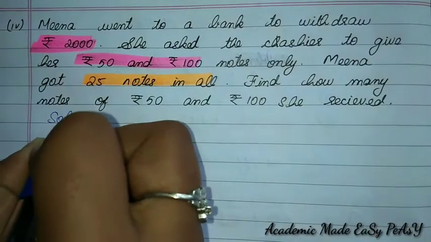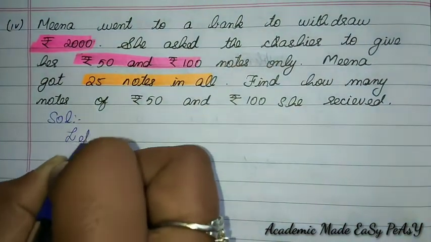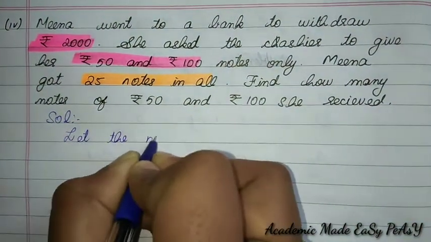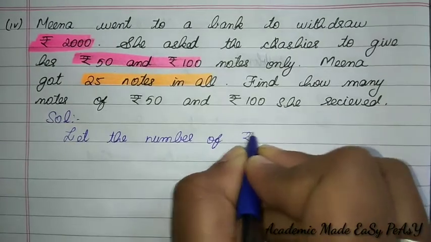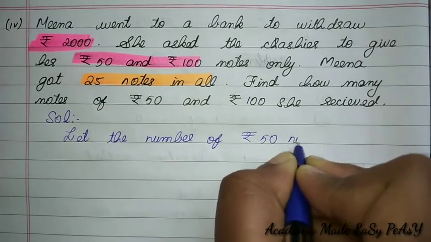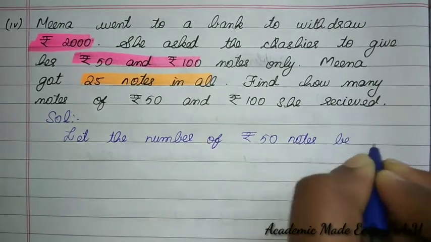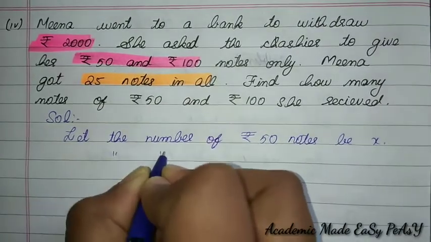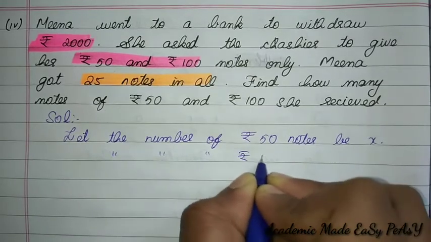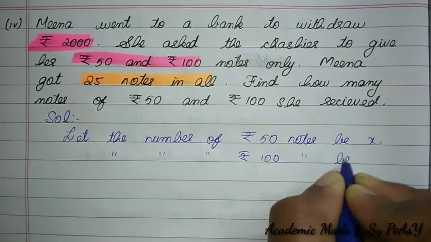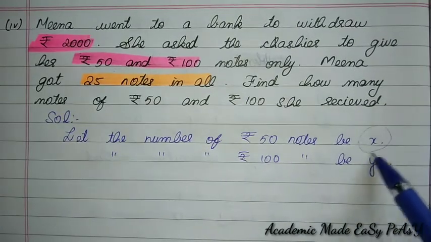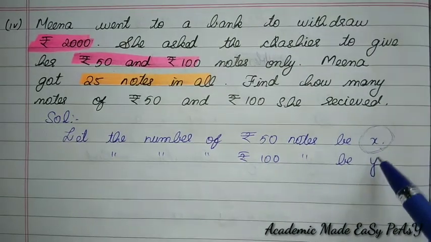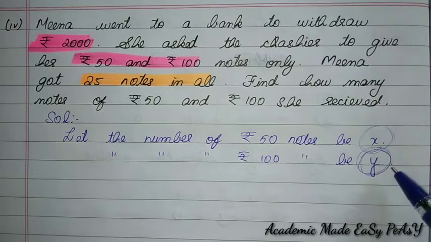So solution: let the number of rupees 50 notes be x. Then the number of rupees 100 notes be y. So the total number of 50 rupees notes is x, the total number of 100 rupees notes is y.